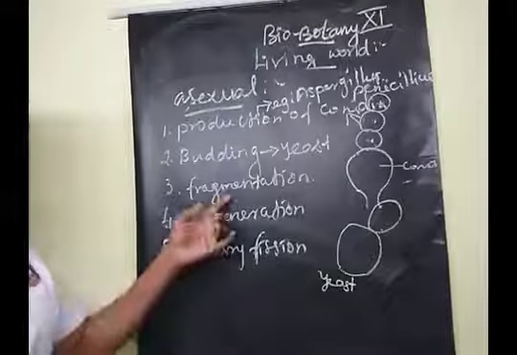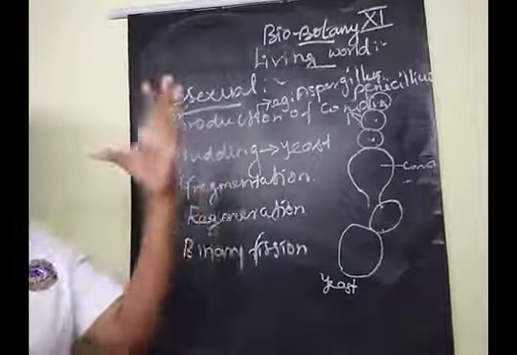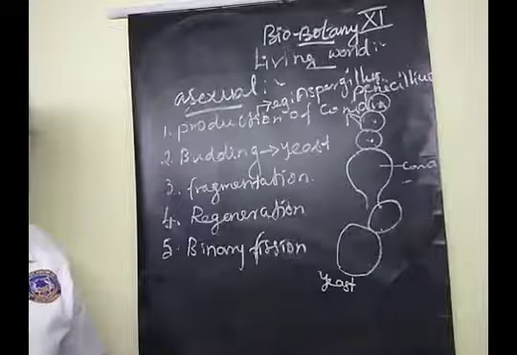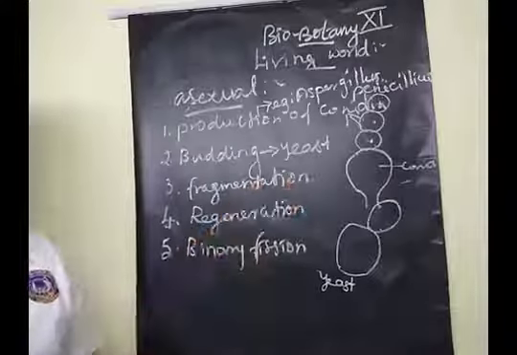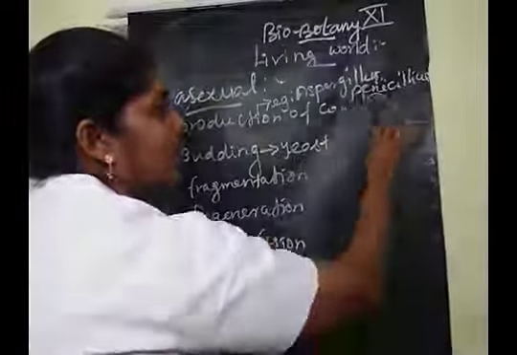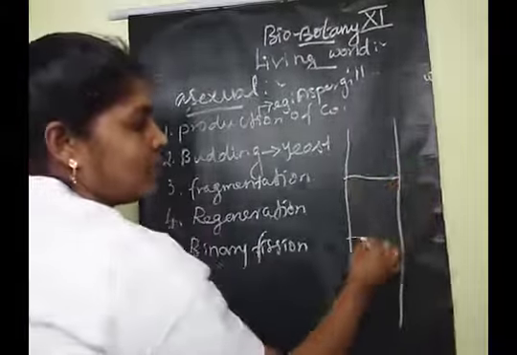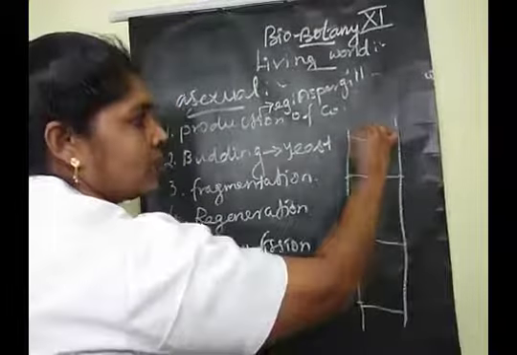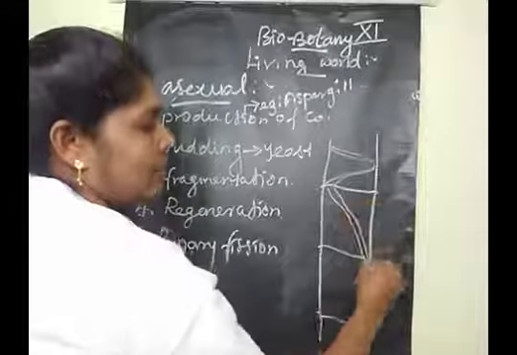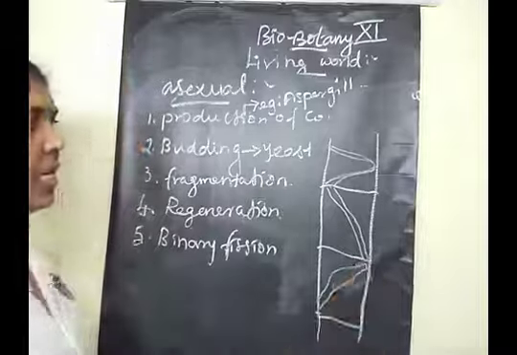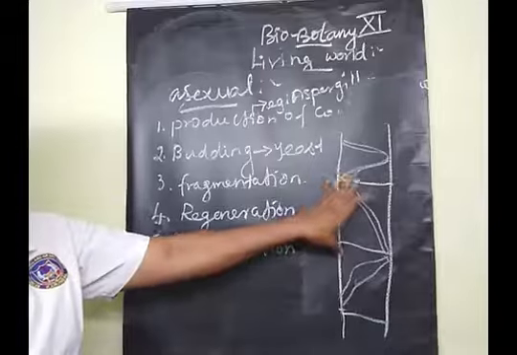The next one is fragmentation. Fragmentation means the plant is mostly multicellular in nature. One organism species for fragmentation is Spirogyra. This is Spirogyra. This plant body, the thallus, is present. In this thallus body, the chloroplast is ribbon-shaped, children.